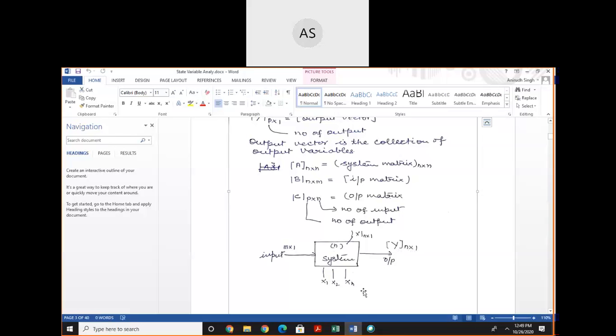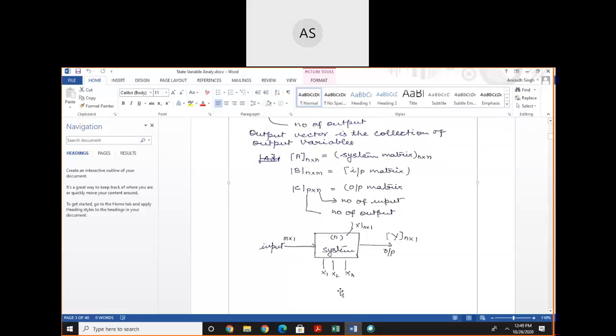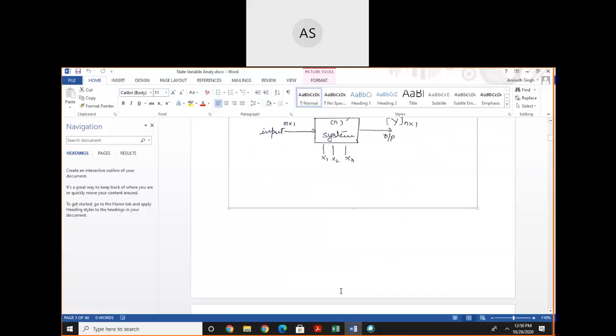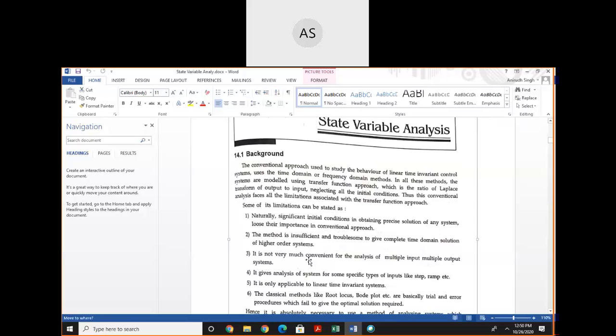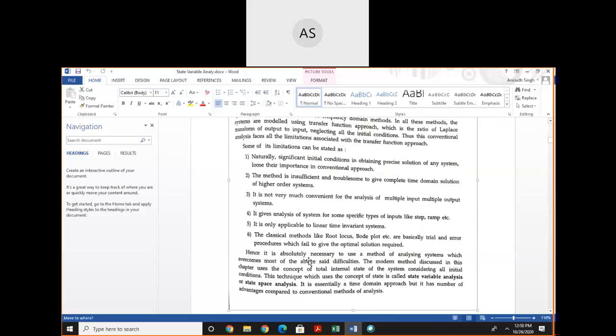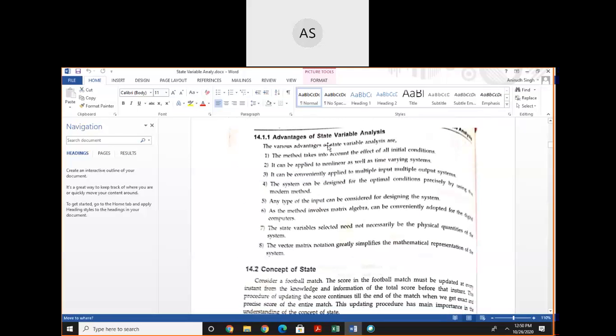We get an output vector and the order of this output vector is p cross 1, and these are the initial values or system states, and these are the limitation of conventional method or classical method.